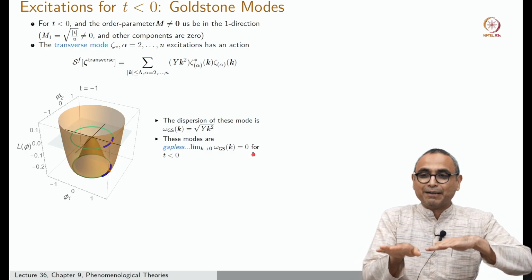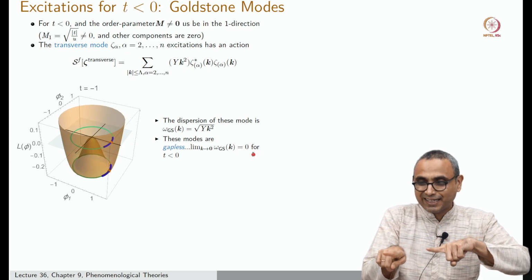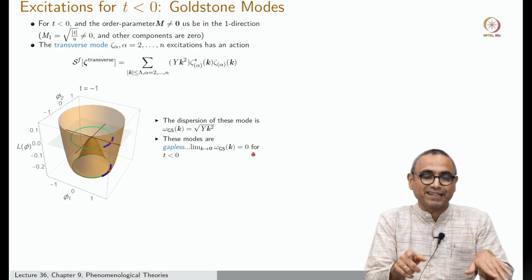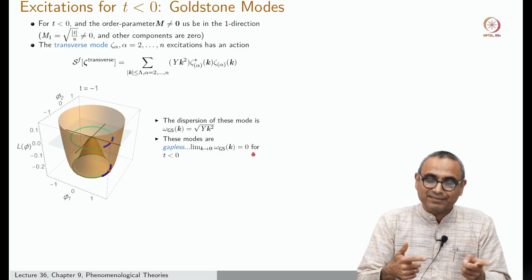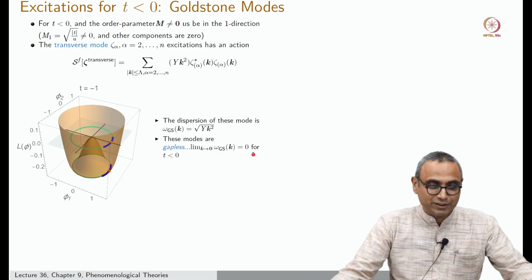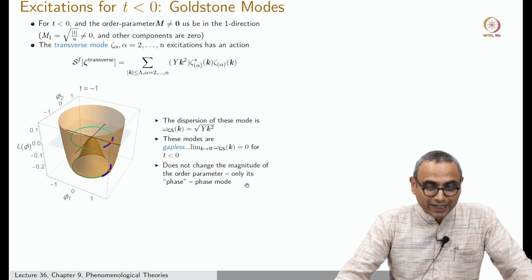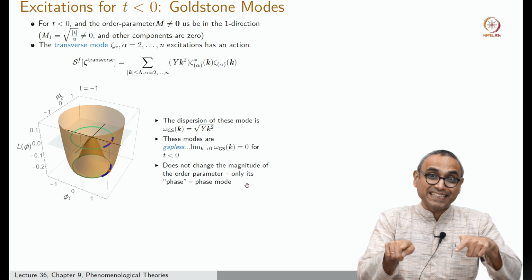Of course, if I take my order parameter and rotate it, turn it a little bit, I will not change the energy, because that is the same order parameter, right, in magnitude. So that is what zeta 2 does, it will not change the energy, and that is why I am getting gapless excitations. Okay. So if you think in terms of a superconductor, this is like changing the phase of the superconductor.